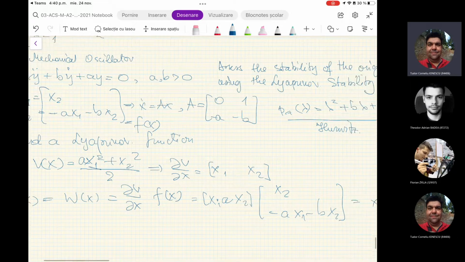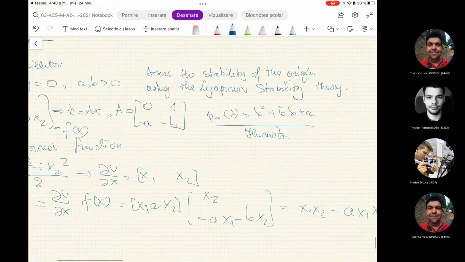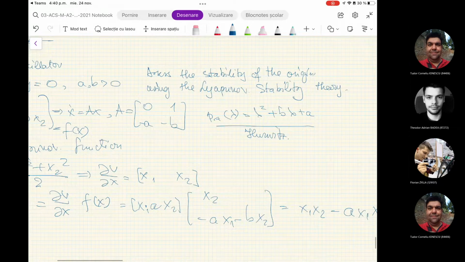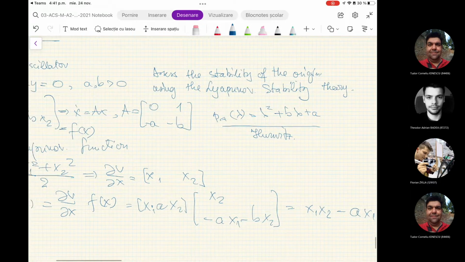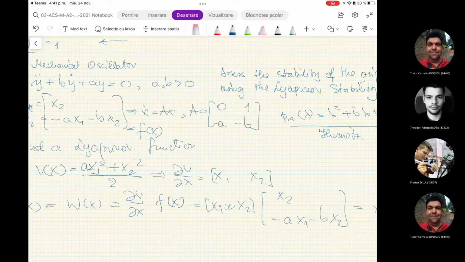Is this correct or not? No. Actually, I'm taking here times a. This is from the elastic stuff. True? You agree?